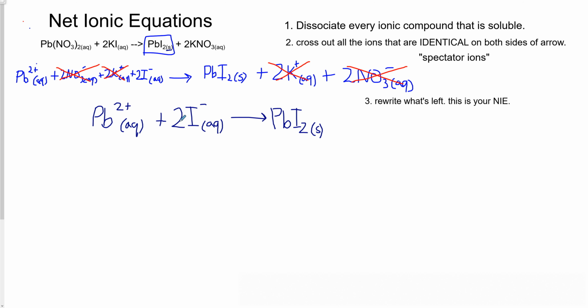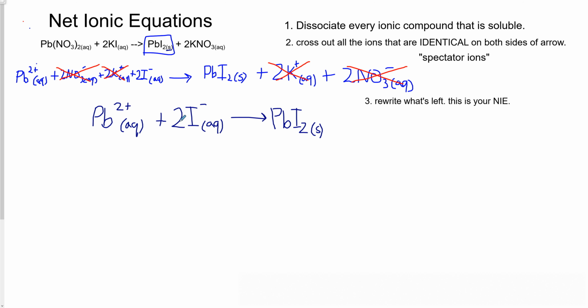Same logic applies for a chemical reaction that makes a gas. In a chemical reaction that makes a gas, the gas bubbles out and it just leaves. Like if you mix vinegar and baking soda together, you get carbon dioxide gas, and that piece is gone. It's no longer in the solution, so it can't do chemical reactions.